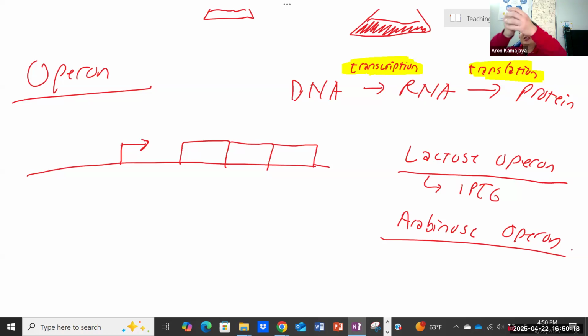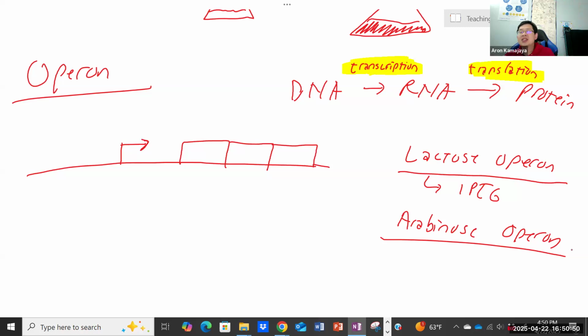One of them produces a transporter. Another is an enzyme that converts lactose into a different form that the cell can further metabolize. And the other one is what you know as lactase, the enzyme that actually cuts lactose into glucose and galactose, right? These three genes are controlled under one lactose promoter.